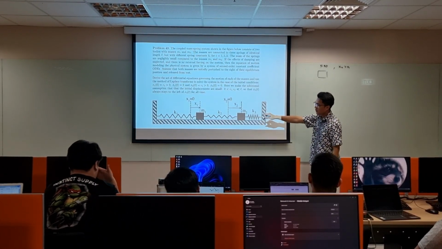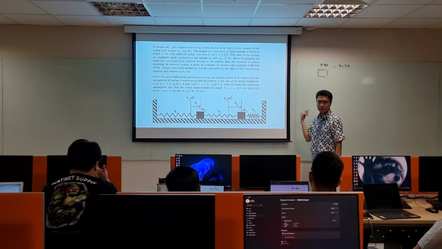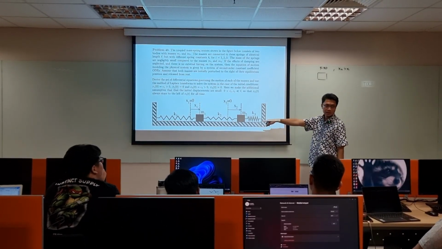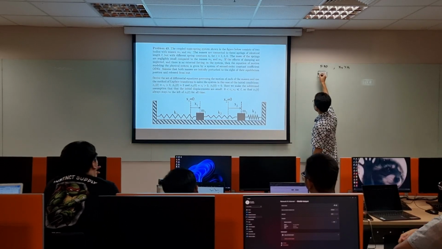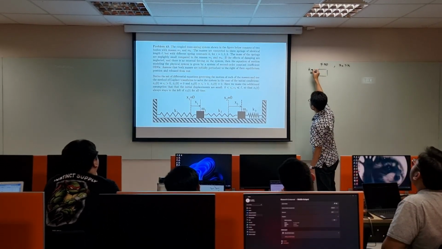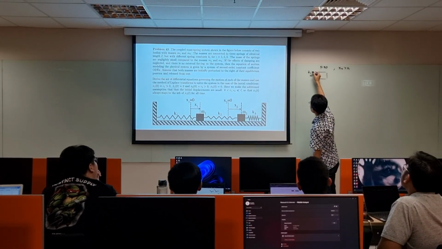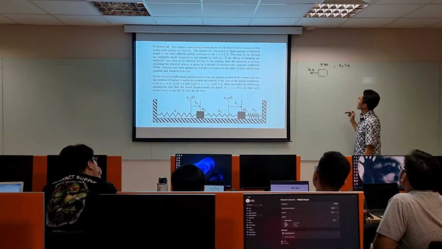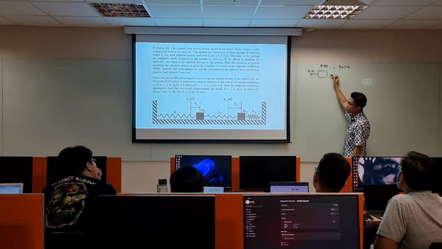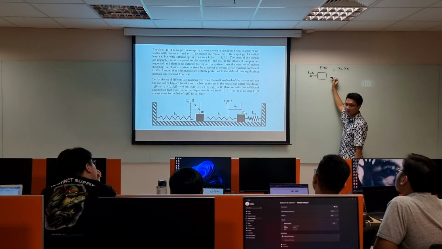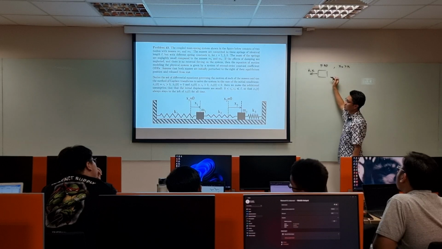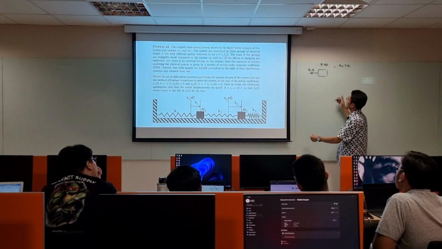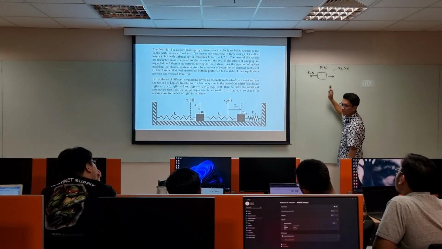Because the mass is moving to the right, spring number 1 is extended, so this is K1 x1, the force coming from x1. Then spring 2 is extended, so it will pull to the right.